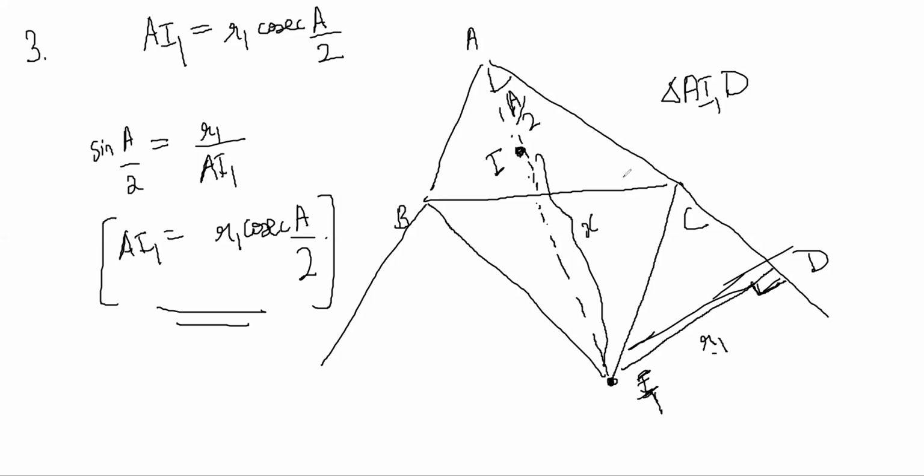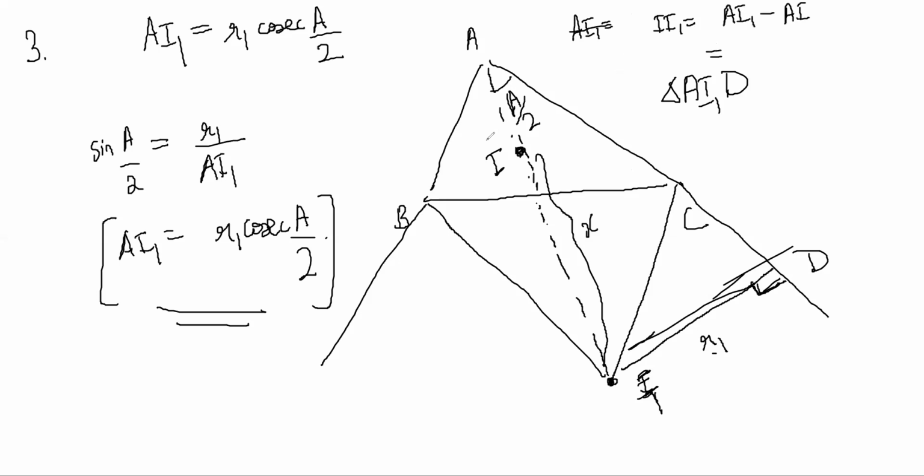Okay, R minus R1. What is R1 and what is R? II1 is equal to AI1 minus AI.